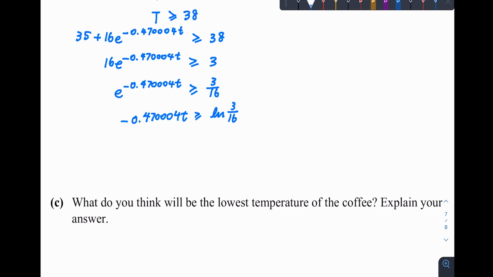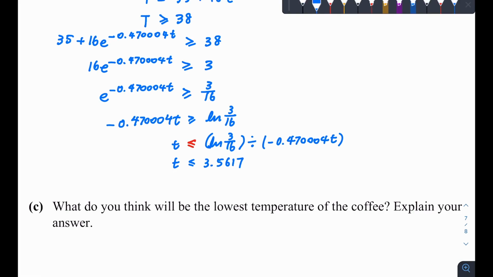Now, because we are dividing by a negative number, we need to flip the inequality sign. So t would be less than ln 3 over 16 divided by negative 0.470004, and t is less than 3.5617.